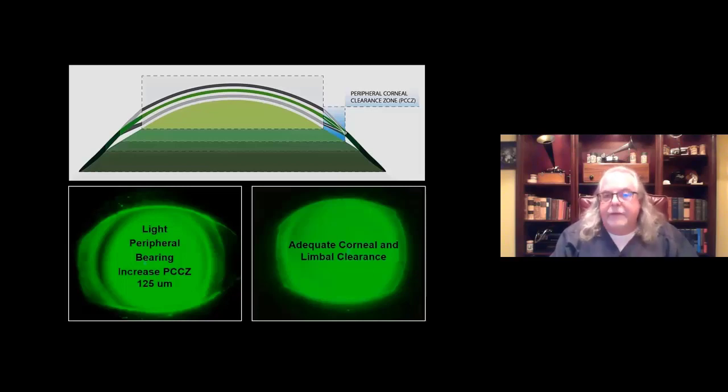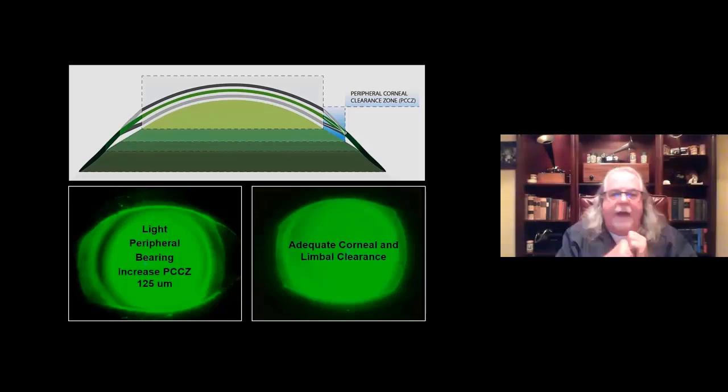The FlexFit has this ability to create this additional peripheral clearance. We see here in this image on the left an eye that has some early evidence of fluorescein thinning near the limbus. And we're going to communicate to the laboratory that we want to keep the base curve radius the same, but we're going to increase the peripheral corneal clearance zone 5 steps.